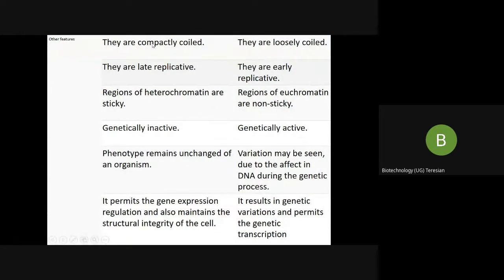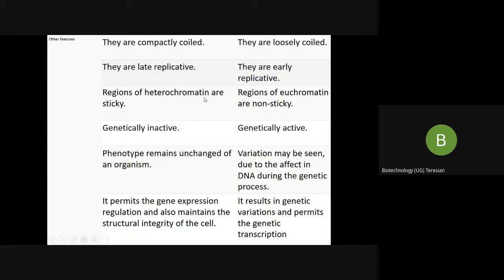The heterochromatins are compactly coiled, whereas the euchromatin are loosely coiled. And because of the compact coiling, the heterochromatin has late replication, whereas the euchromatin has early replication.